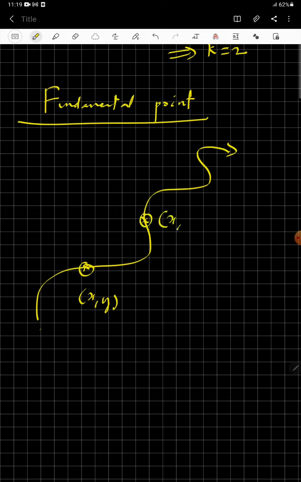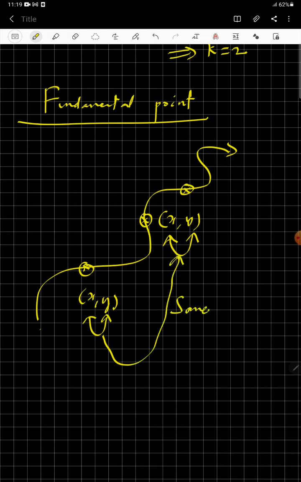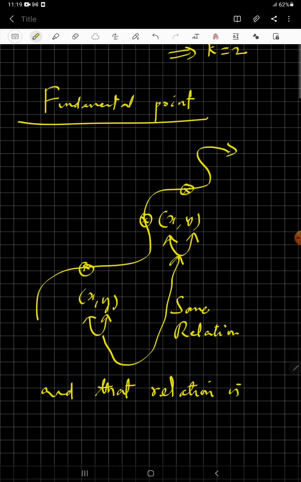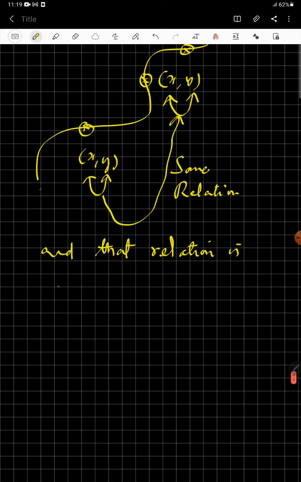At different situations, at different positions, if you take, there will be some relation between x and y which is same here and same here, same relation, and that relation is the equation of that curve.